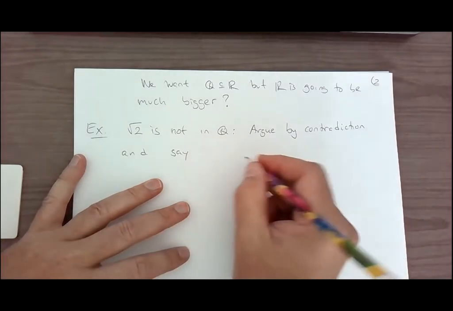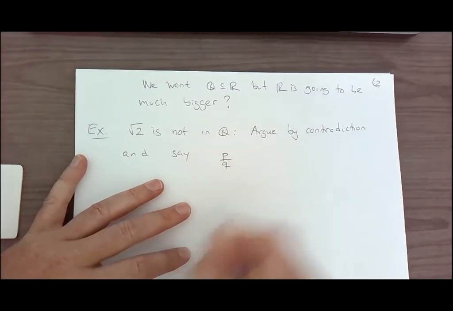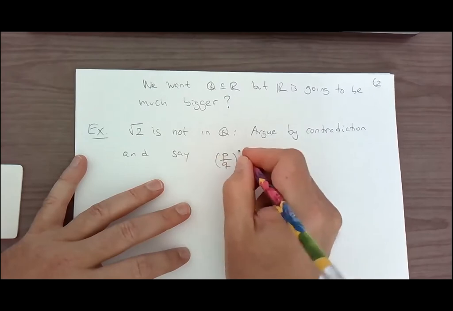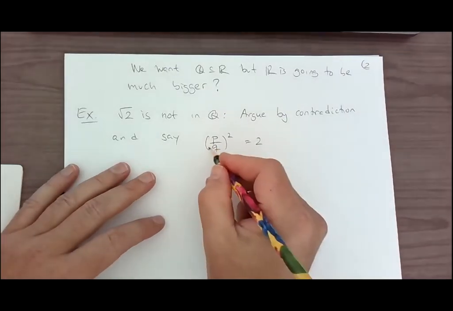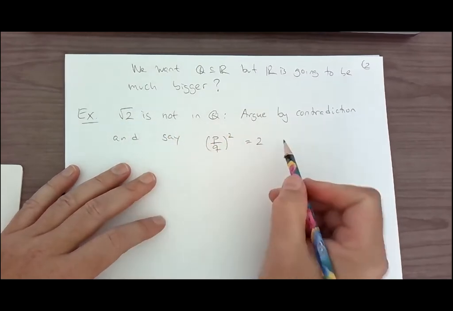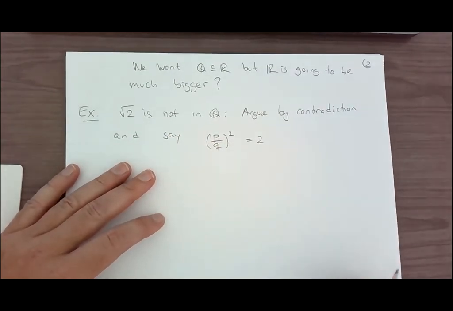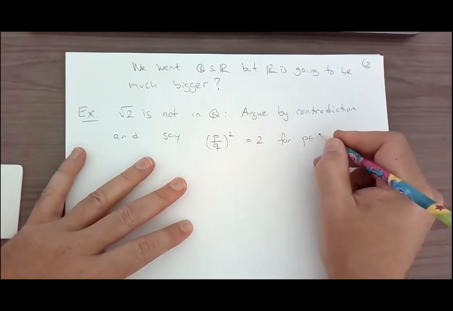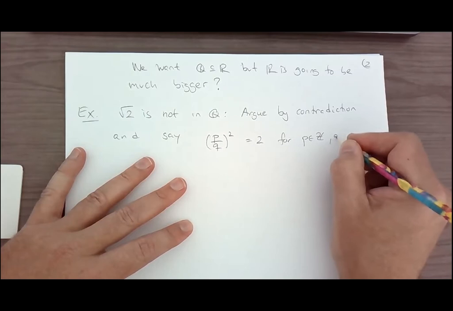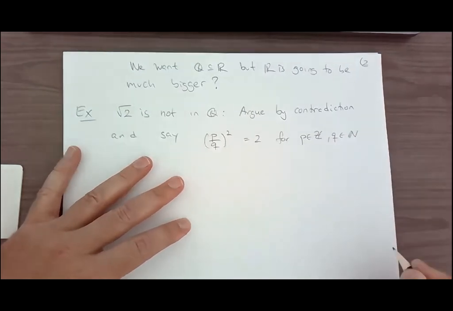That would mean that P over Q, if I squared it, I would get a 2. This here is my square root, I square it, and I'm going to get a 2. Say this for P a number in Z, and Q a number in the natural numbers.